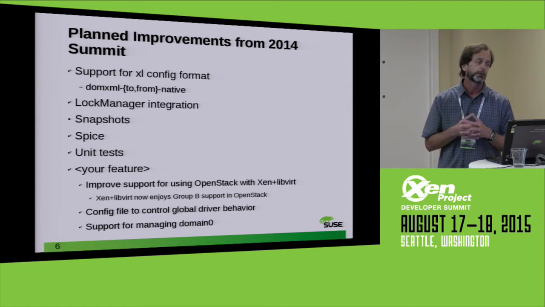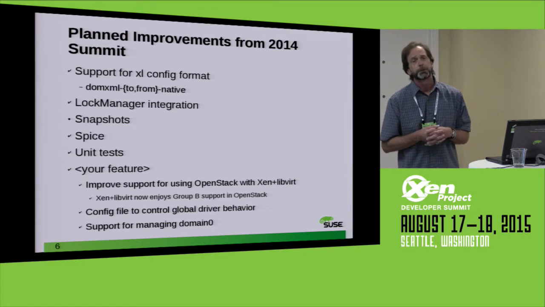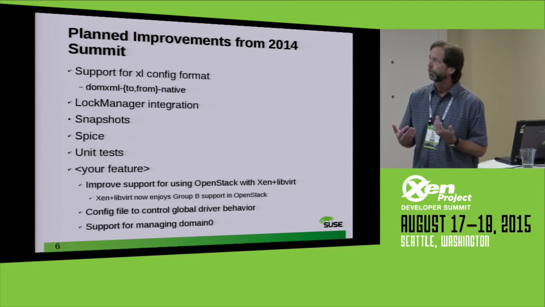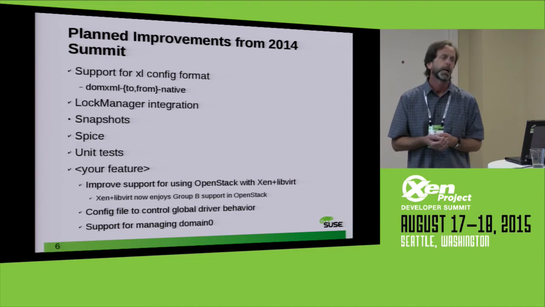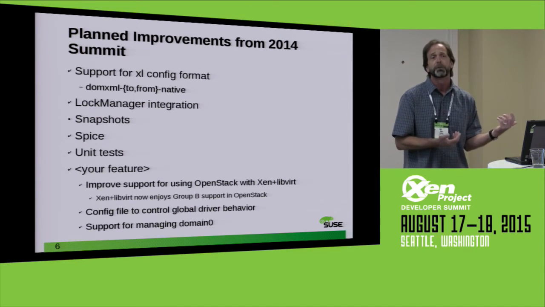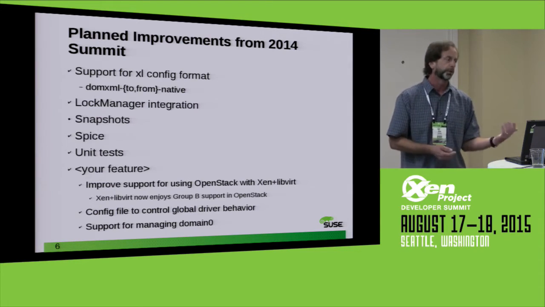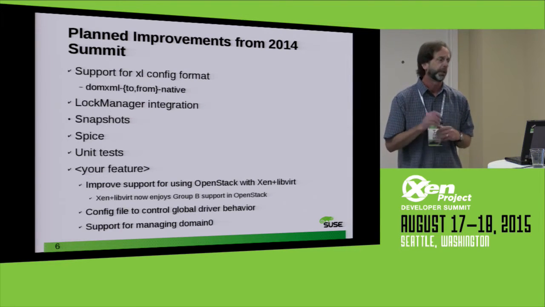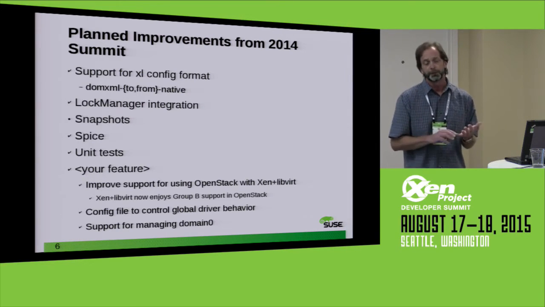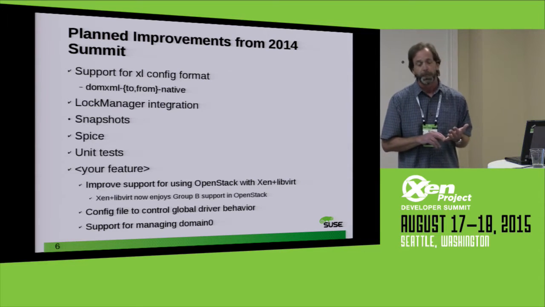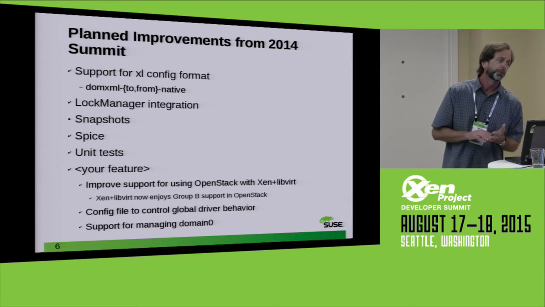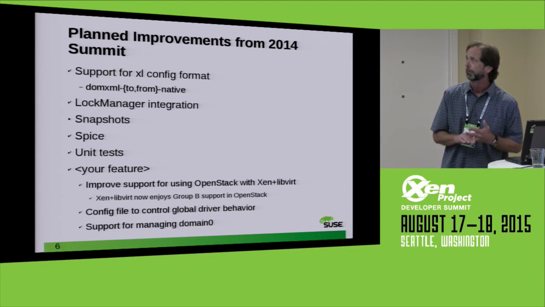Another cool feature that I worked on this past year was integration with Libvirt's lock manager. The lock manager is a service that Libvirt has that you can use to protect resources against concurrent access. So, say you have a shared disk that two VMs try to write to. If you're using Libvirt's lock manager service, you can say, I want to use the service. It actually supports a couple different backends. There's virtlockd, which is an in-tree lock manager implementation in Libvirt, and it also supports Sanlock, which is another project that Red Hat started.